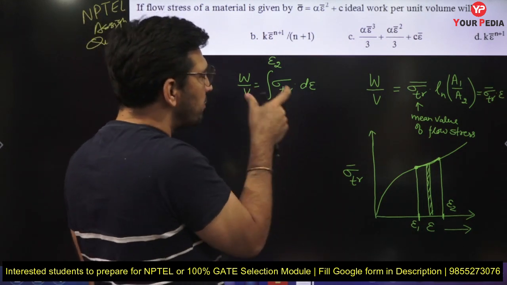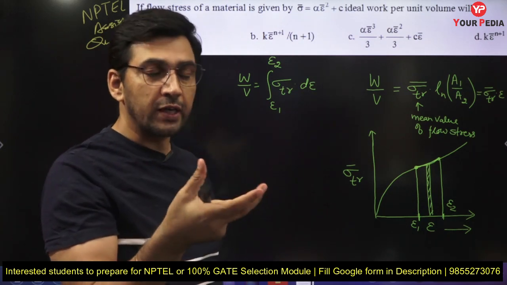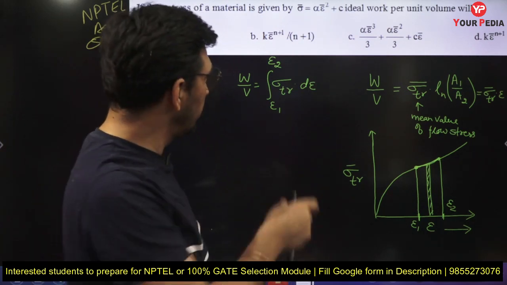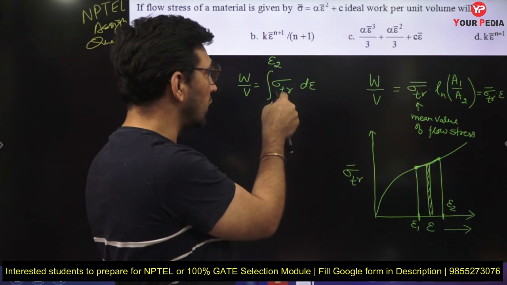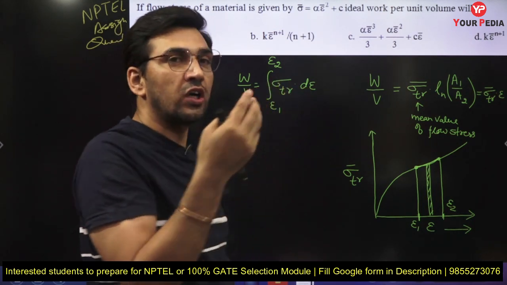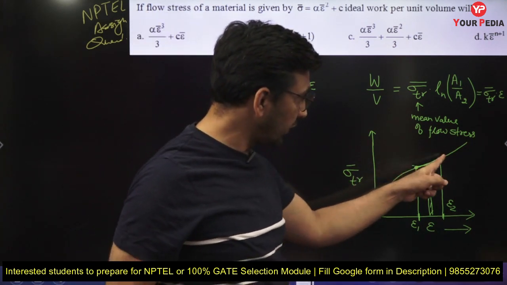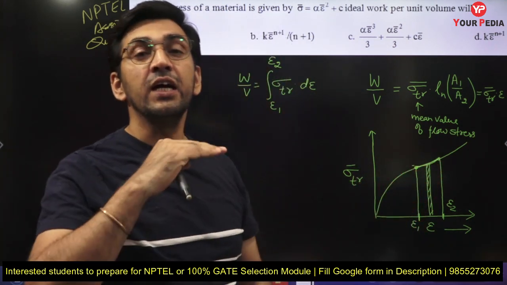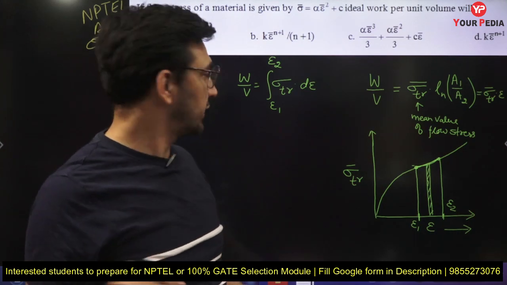Now if I want to get a simple formula for work done per unit volume in deformation, what we did at that time was assume that this value of stress is not varying, which actually is varying from here to here. So we normally take it as a mean value of the flow stress. Why?